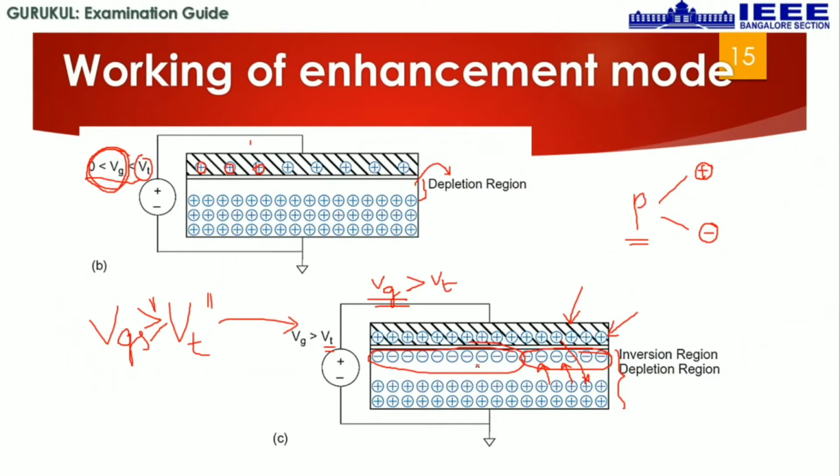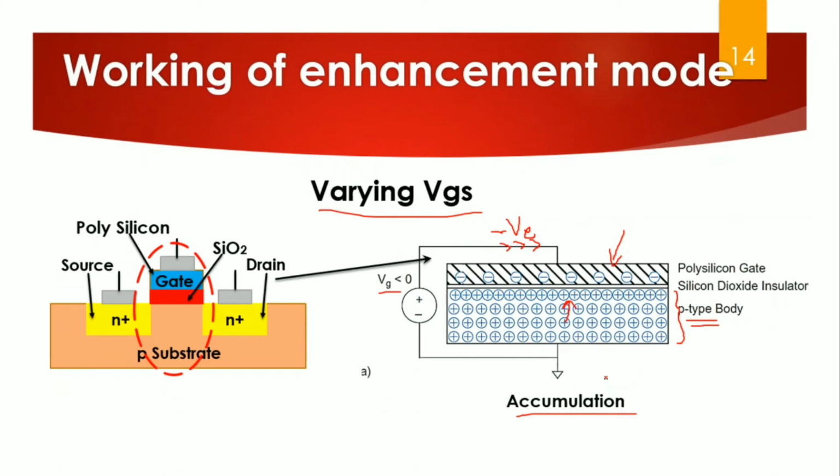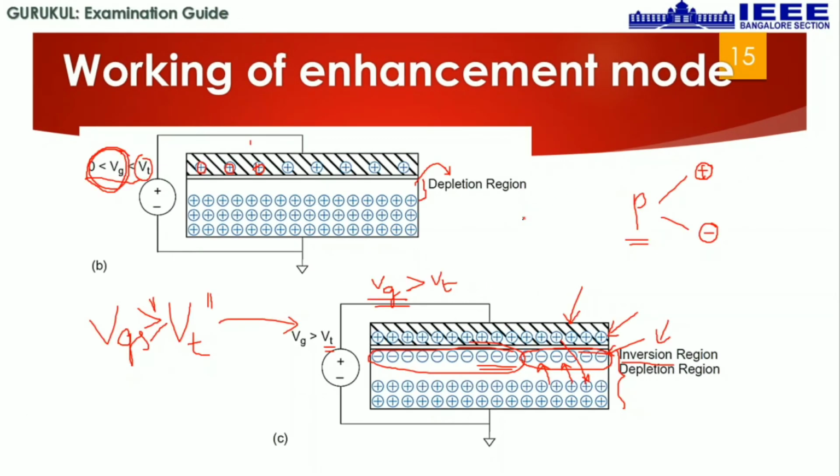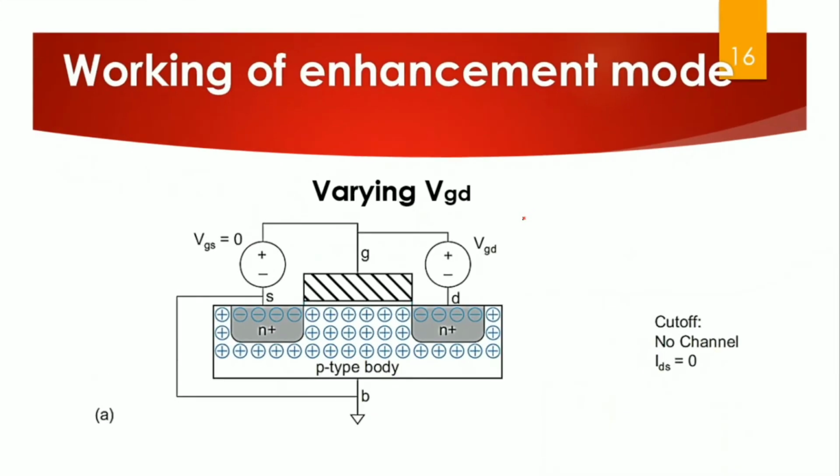In the third figure, it has more electrons, converting that region into n-type material. That means you are inverting the region. Therefore, we call it inversion. Below this inversion region, you have the depletion region. So when I vary VGS, you have three stages: accumulation, depletion and inversion.